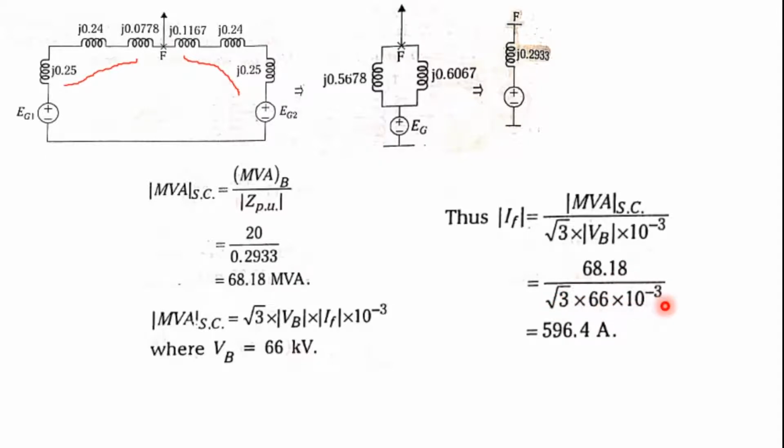The current we get is 596.4 amperes. We need to understand what kind of problem we are solving. Do not get confused between this MVA short circuit and the problem we solved for calculating the fault current.